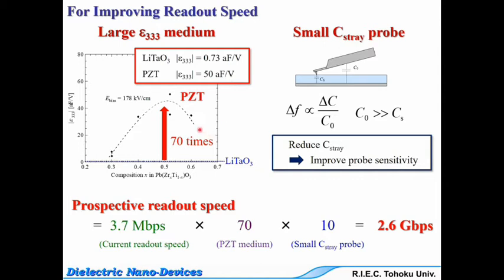So the epsilon 33 value of the PZT thin film is 70 times larger than that of lithium tantalate. So by replacing the lithium tantalate with PZT, we can expect high speed readout at the Gbps order in the near future.